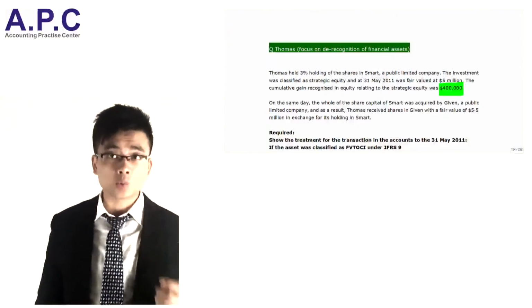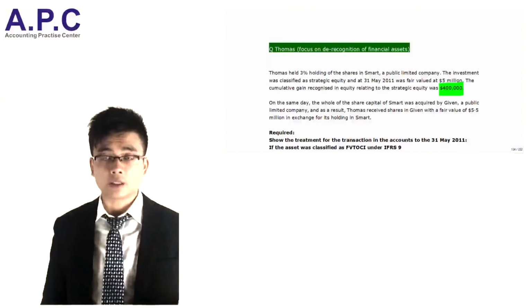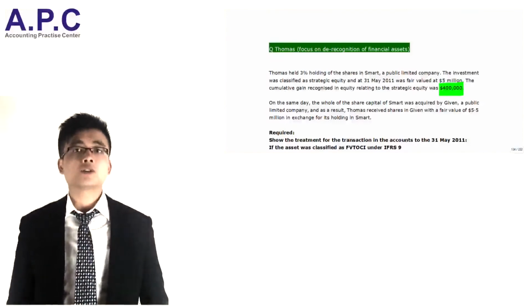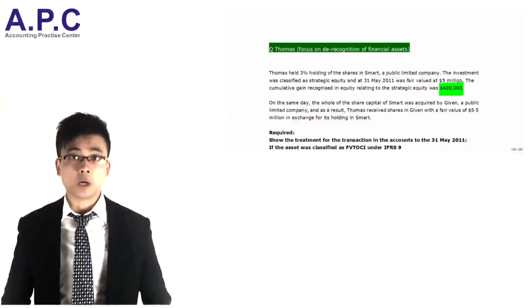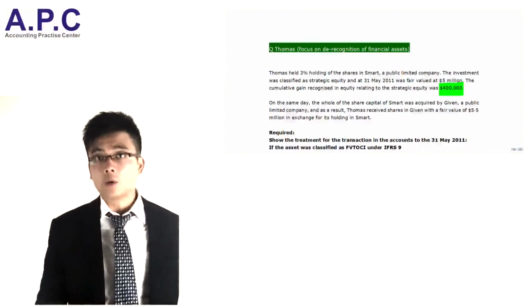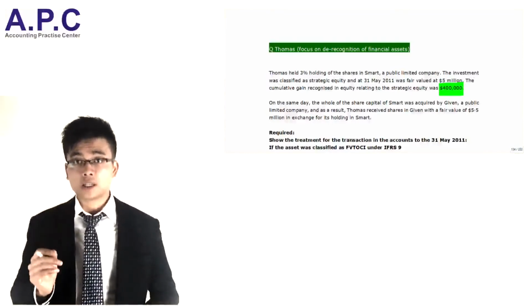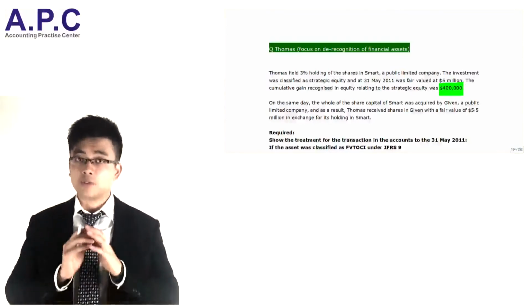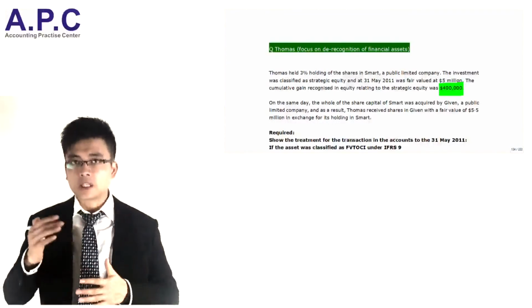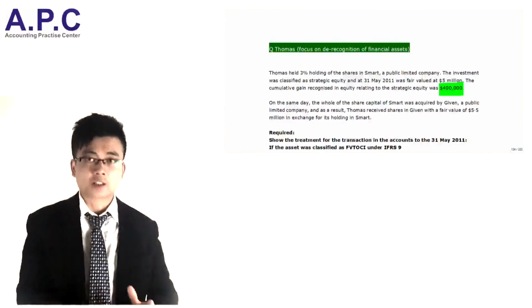Maybe we have no right to receive any dividends, or maybe we have no right to sell off the shares to generate the capital gain anymore. If we were to exchange that, that would be the financial asset derecognition, because we have no rights to receive any benefits of those shares in Smart anymore.